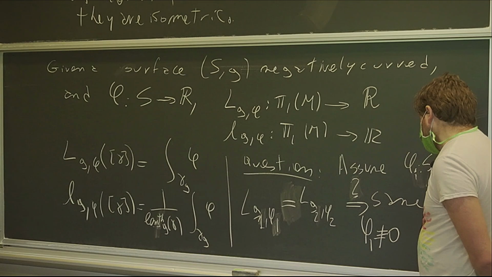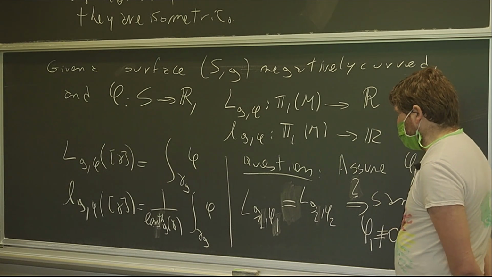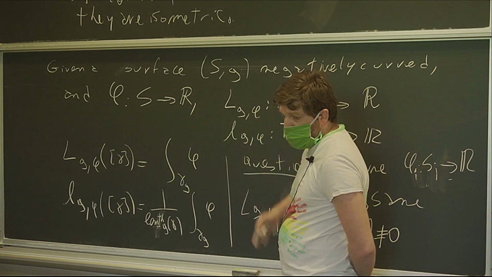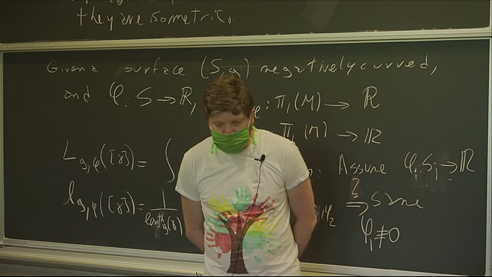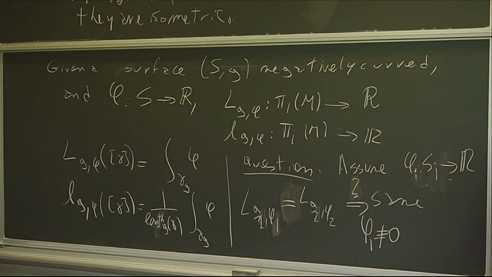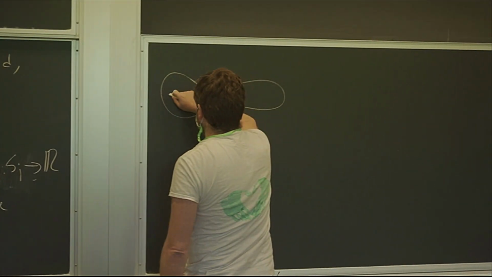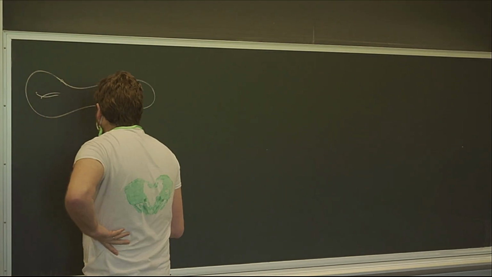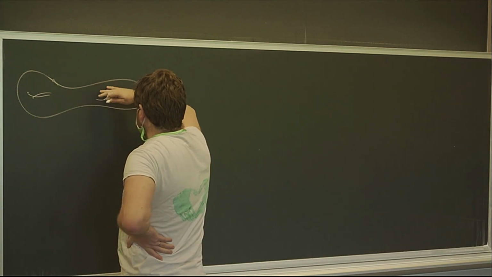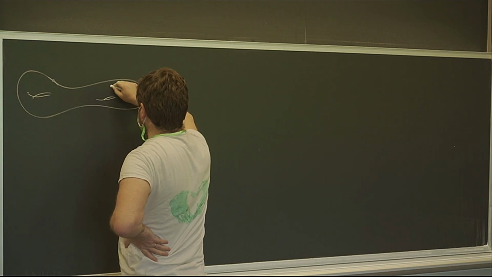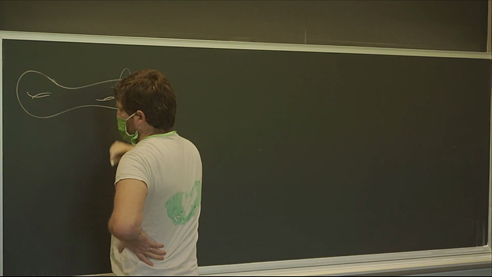And then, as I said, of course, if the phi i were fully constant, then this is the previous Otal-Croke. And the whole geometric idea behind this type of problem is that you have your surface, and not just your surface, you have some function on the surface. So you have some bump here, and the function is fully zero elsewhere, for example.